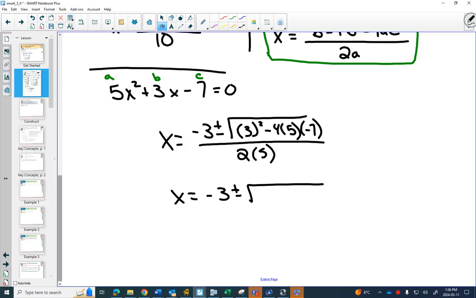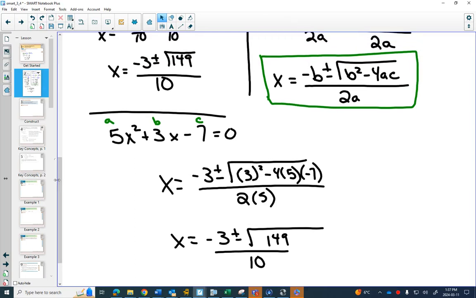This will be plus 140 plus 9, 149. And 2 times 5? 10. Check it out.